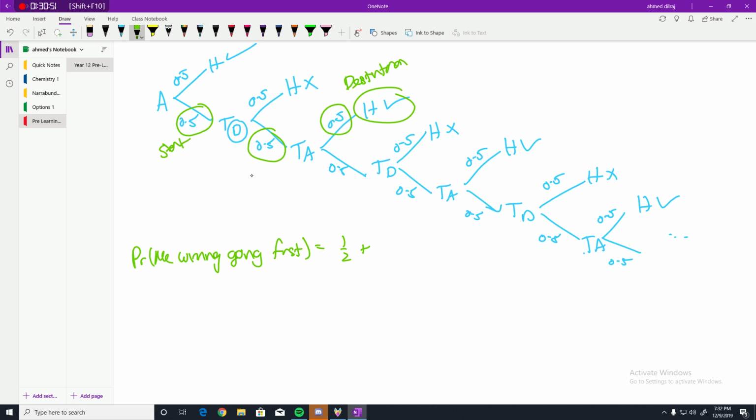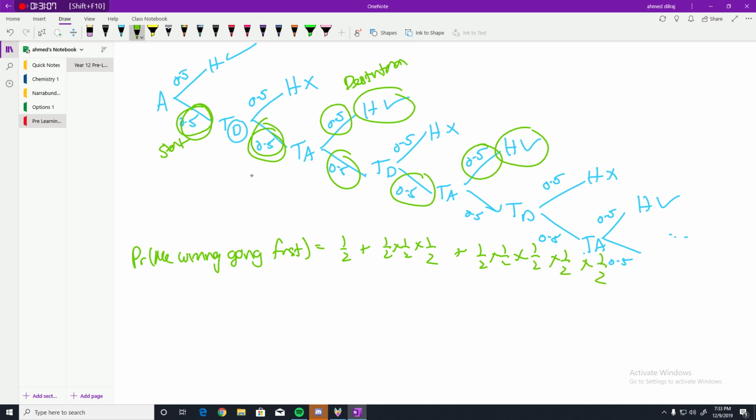So it's a half times a half times a half. Plus, the next time I win is over here. That's a half times a half times a half times a half times a half. So there's 5 halves there. In other words, that's a half plus a half to the power of 3 plus a half to the power of 5.